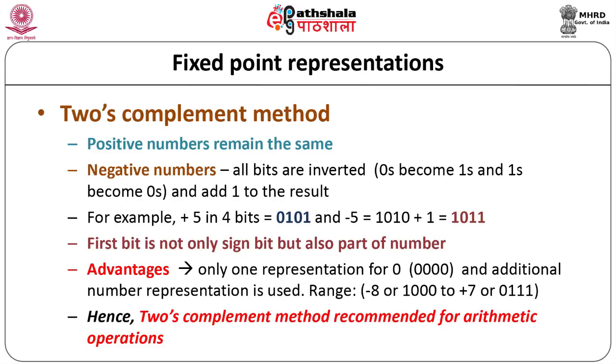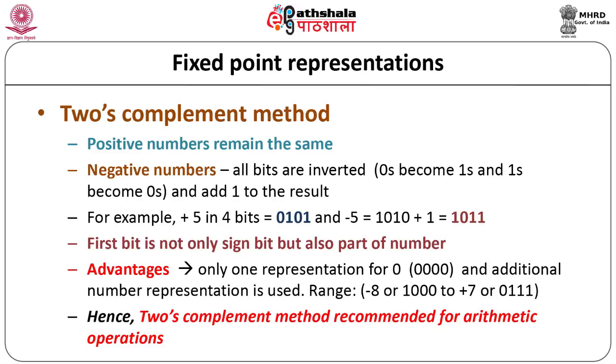For example, +5 in 4 bits is represented as 0101 and -5 can be represented as 1010 plus 1, that is 1011. Note that the first bit is not only a sign bit but also a part of the number.